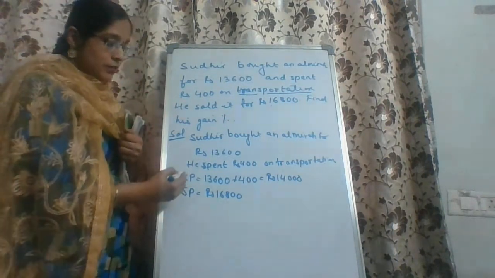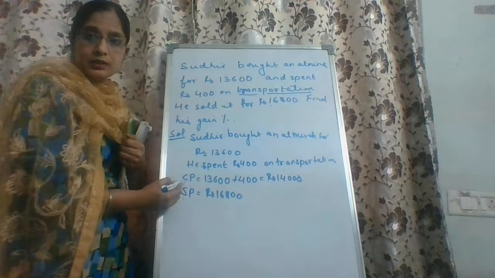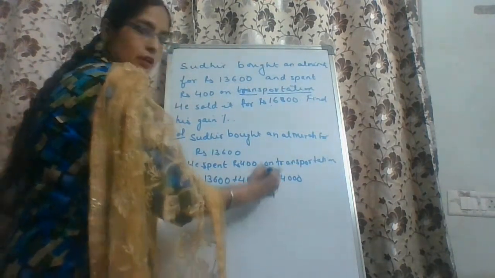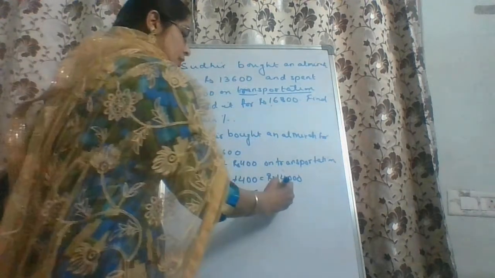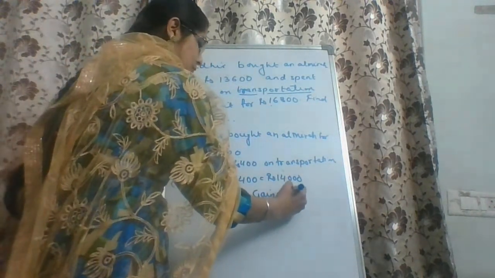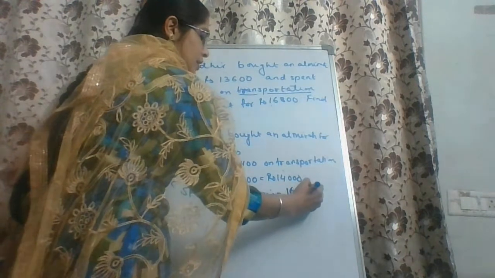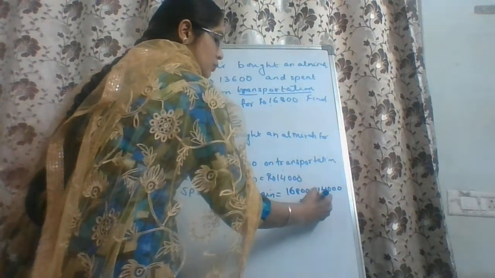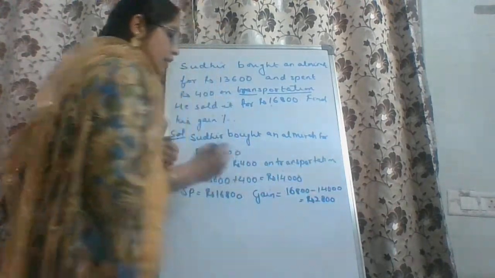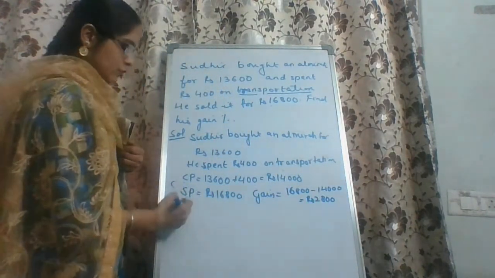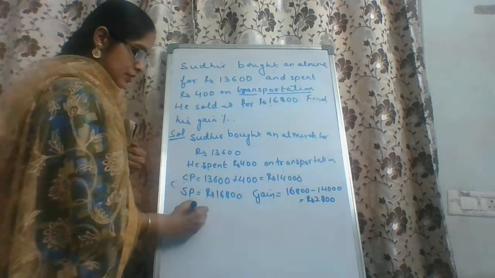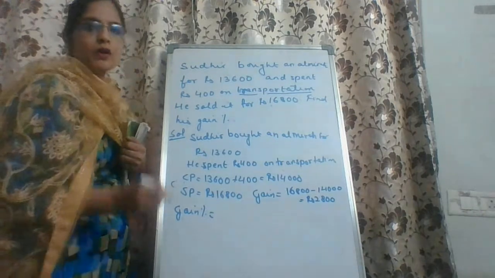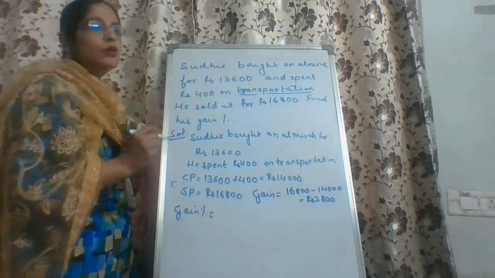Selling price is greater than cost price. That means it is gain. Gain is equal to SP minus CP, which is equal to 16,800 minus 14,000, which is equal to rupees 2,800. Gain percent is equal to gain upon cost price multiplied by 100.